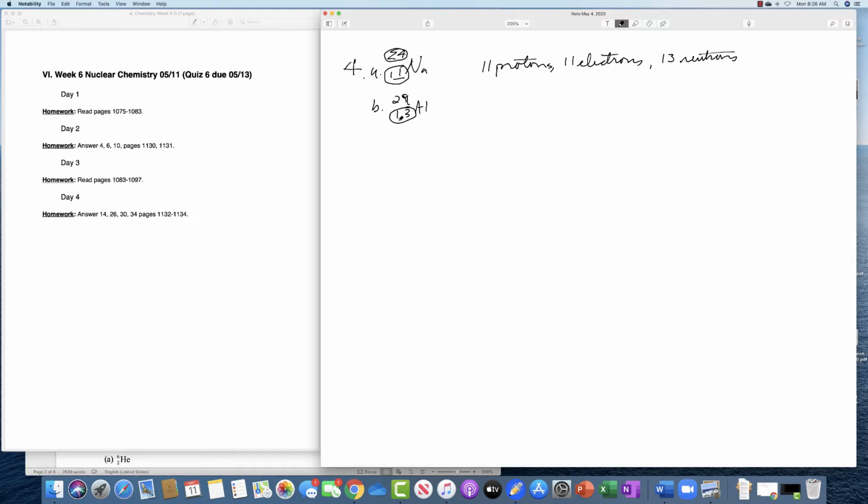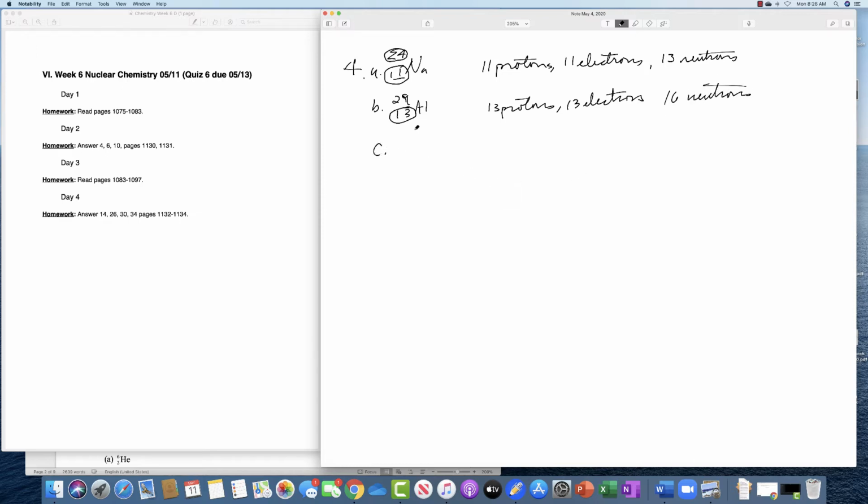The number of protons in an element always determines the element that it is. So we have 13 protons. This will become important, by the way, when we start doing the equations. And neutral, so it's 13 electrons. And 13 from 29 is 16 neutrons.